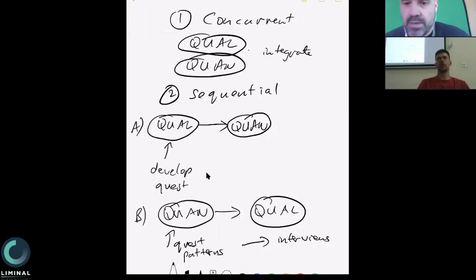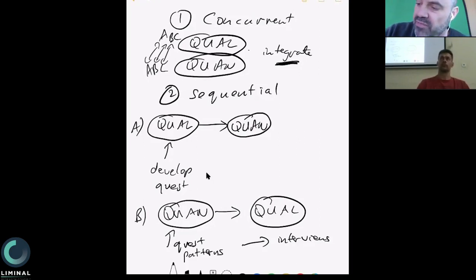If you look at this integrate here, you want to integrate or compare your results. Say for instance, you have A, B, and C, that's your themes, and A, B, and C here. You want to be able to explain how this all relates to each other. Say you investigate technology acceptance in qual.